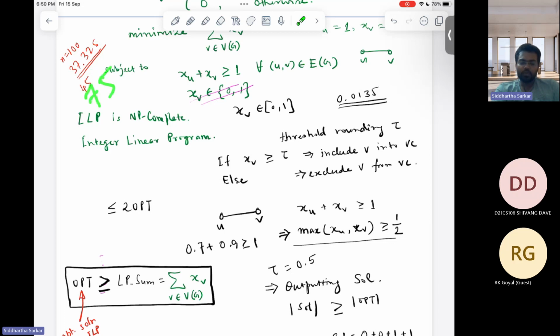So we won't be any poorer than 75. That's what we are going to argue now. That the way we have done the rounding was clever enough so that we did not go too far from the LP sum. We did not take too many vertices as compared to the LP sum. That's what we are going to argue now.